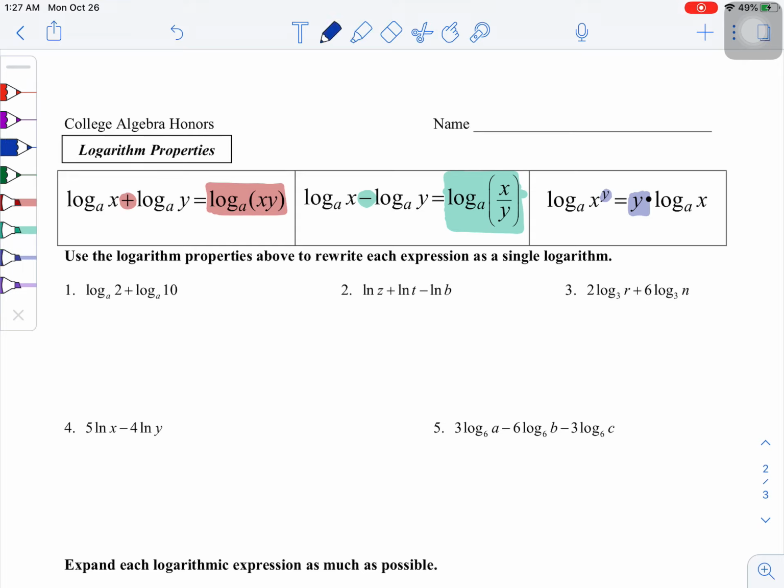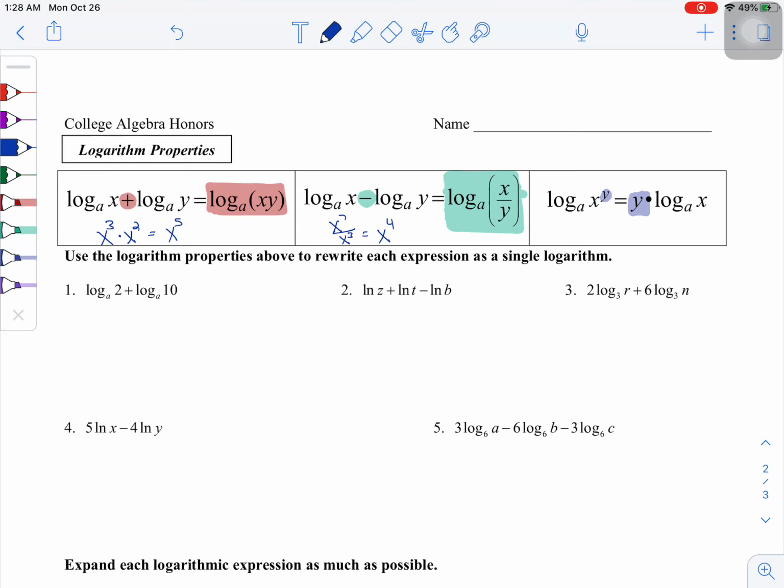And basically each one of these mirrors things that you've already done. So when you had x cubed times x squared and you combine the two exponents by adding them, that's the same idea here. When you had x to the 7th over x to the 3rd and you subtracted those exponents, that's a similar idea to what you have there with the subtraction.